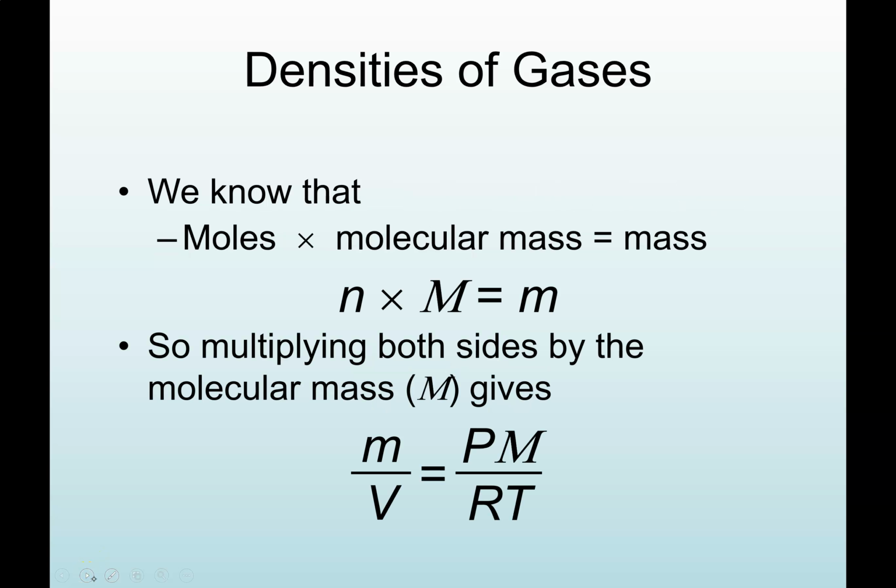Then, to go from moles to mass, we just have to multiply by the molar mass. When we multiply moles times molar mass, we are left with mass, and that puts M over V on one side. You should recognize mass over volume as density, and this capital M becomes molar mass moving forward in our formulas.